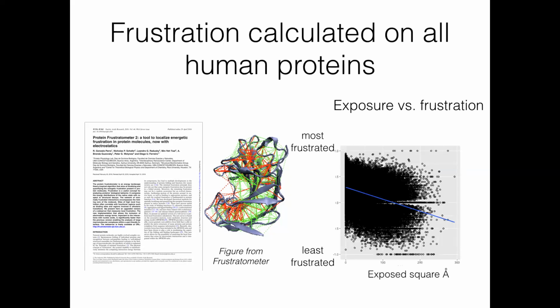If we take the exposure versus the frustration, we can see that the more exposed an amino acid gets, the less frustrated it gets, which is very good to see because we expect that an amino acid in the core of a protein would have amino acids all the way around and would have less freedom to move.